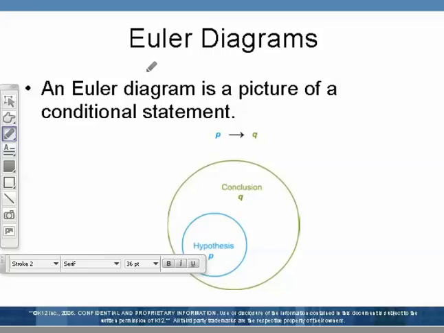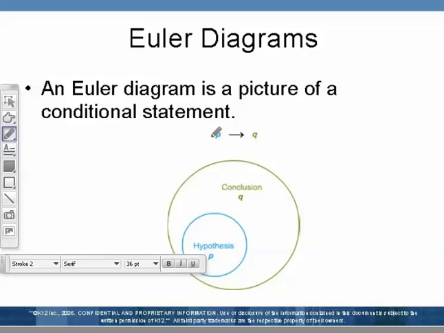Speaking of a diagram, one of the types of diagrams we can use is called a Euler diagram. Yes, that is Euler. I know. French can't learn to spell anything right, but that is the name Euler. Mr. Euler came up with this nice little way of drawing an if-then statement.